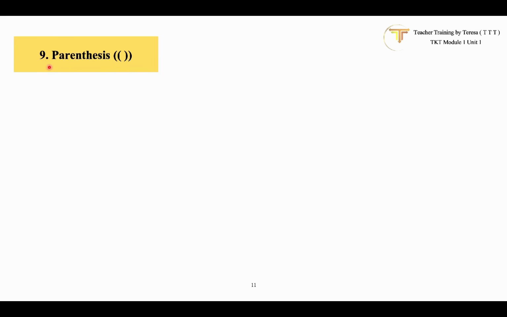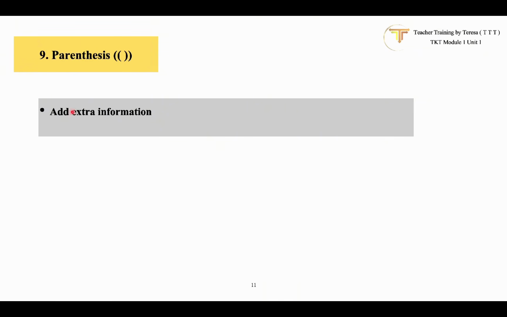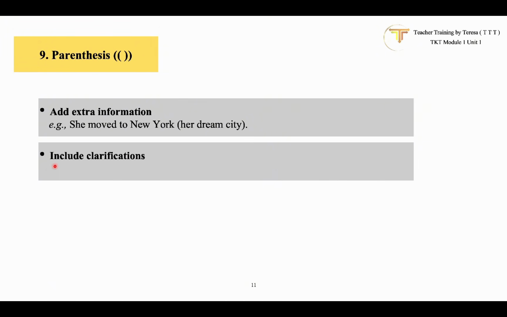9. Parentheses. Add extra information. She moved to New York (her dream city). Include clarifications. The medication (an antibiotic) should be taken with food.